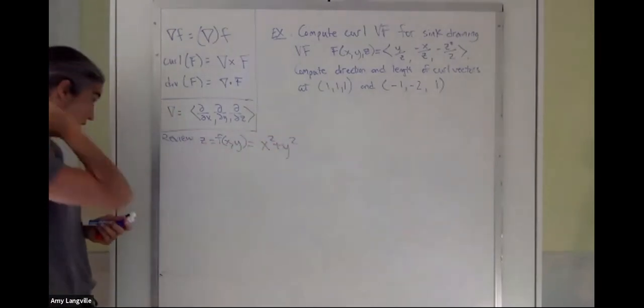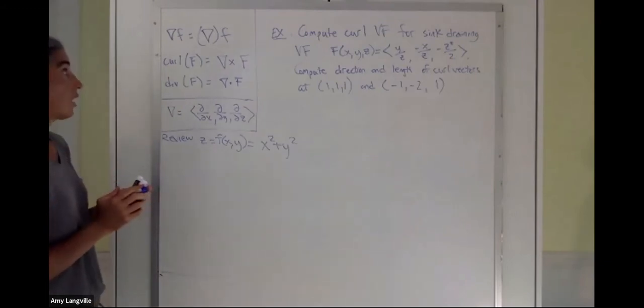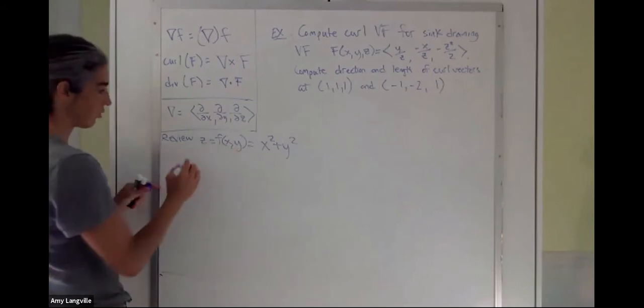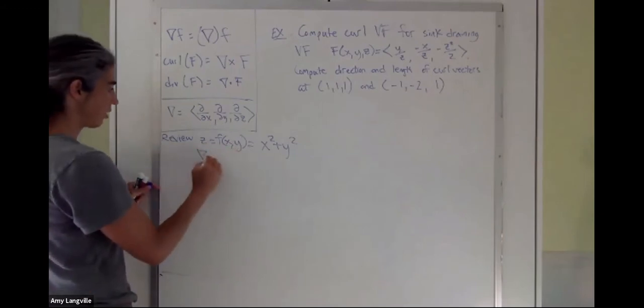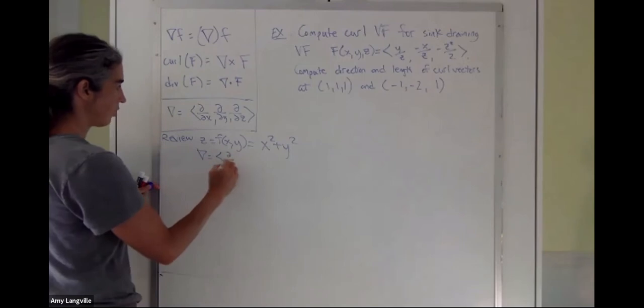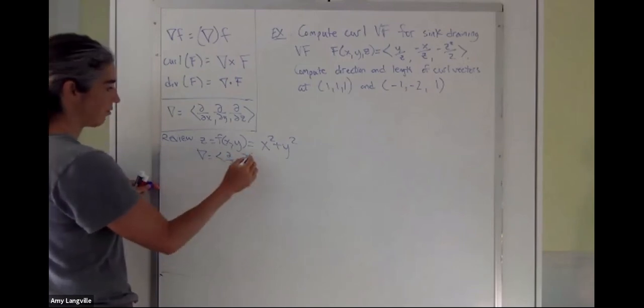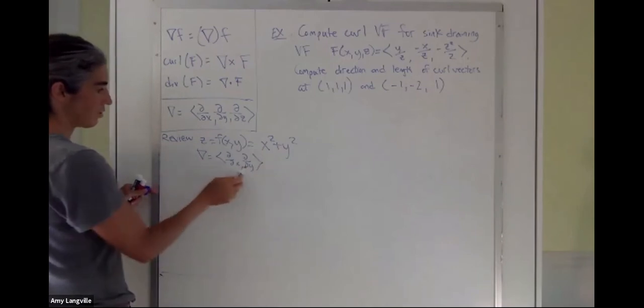This is an R3 surface. And then if we were going to do the del operator, well, there's only two inputs. So the del operator would just have two components for the two independent variables. So that's a two-dimensional thing.